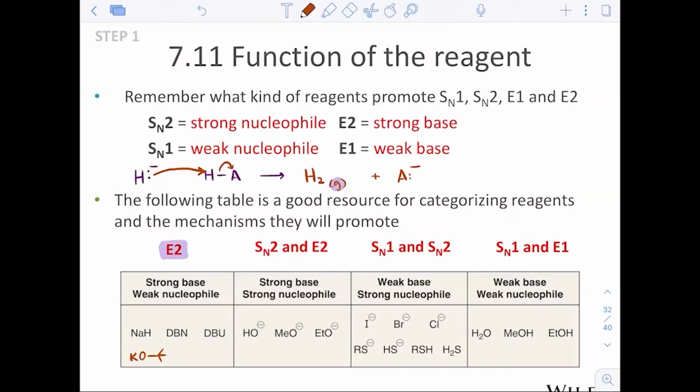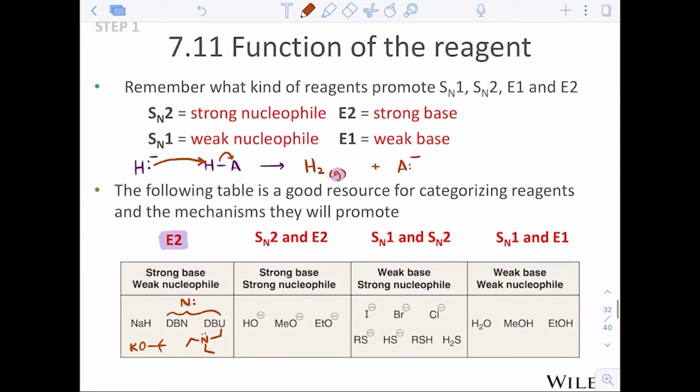DBN and DBU are our huge nitrogen bases. These both have a nitrogen with a lone pair. Another common nitrogen one that we've seen before is triethylamine, right? Or diisopropylamine.